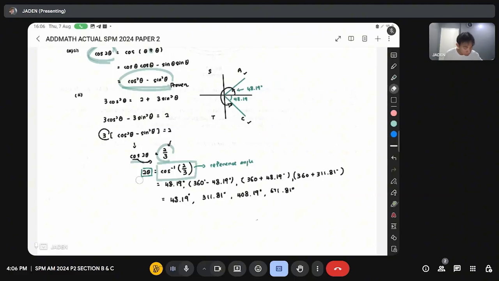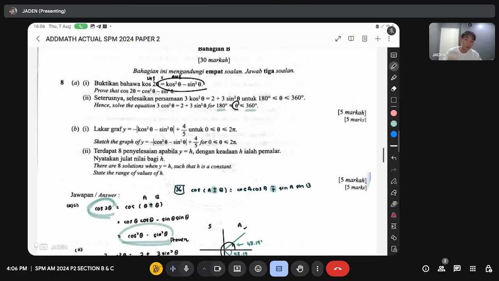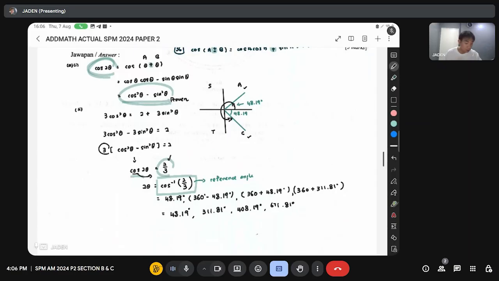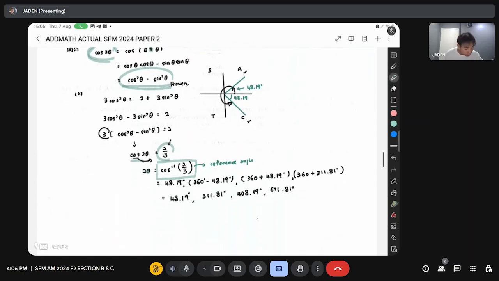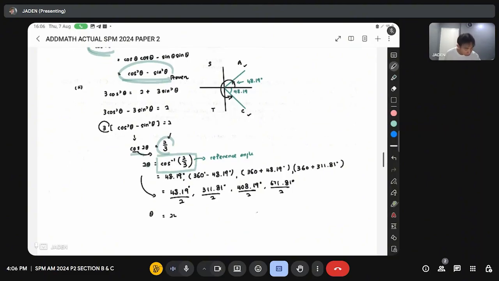Nope, because in the end the questions are looking for theta, but right now you are at the stage of 2 theta. So that means theta remains. You want to take the 2 to move over to your right hand side and divide every single theta that you just found. So 48.19 divided by 2, you get 24.10 degree.